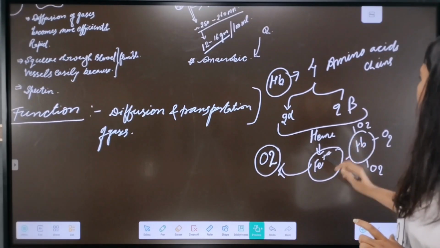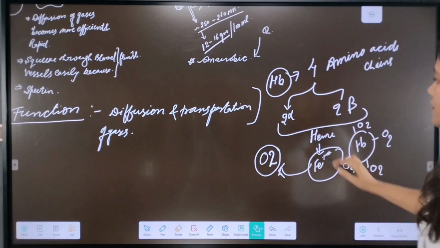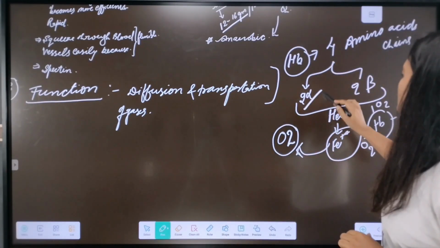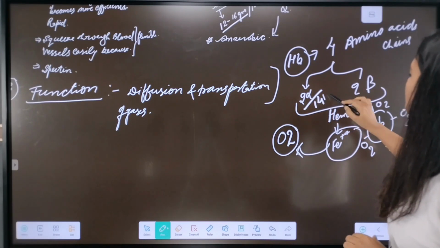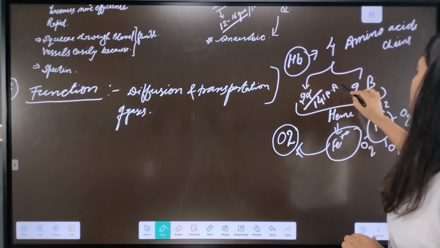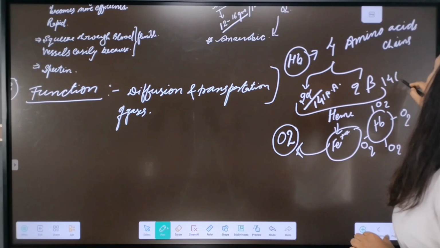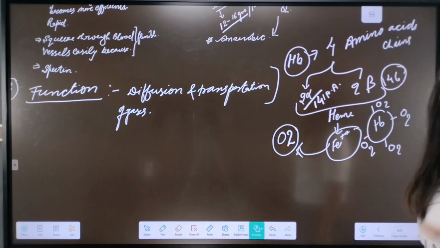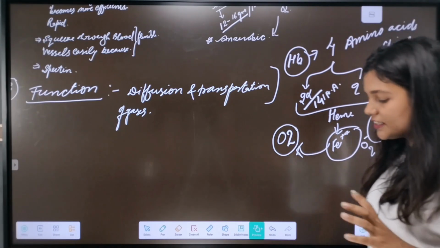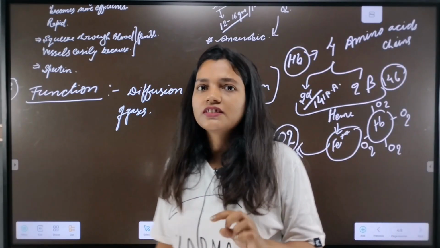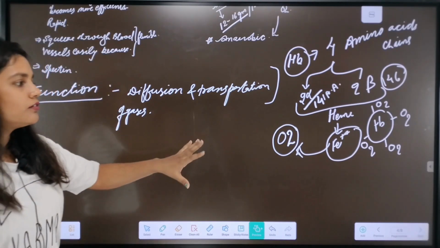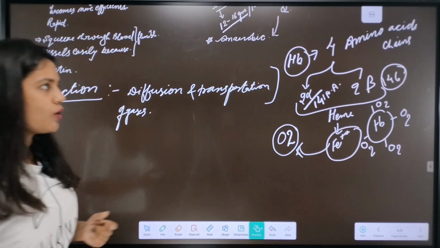Some more about these alpha and beta chains. The alpha chains are about 141 amino acids long, and the beta chains are about 146 amino acids long. In biology, whenever you see the transportation of oxygen, you will see either iron carrying the oxygen, or copper.